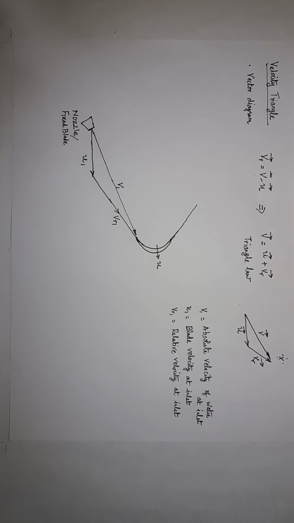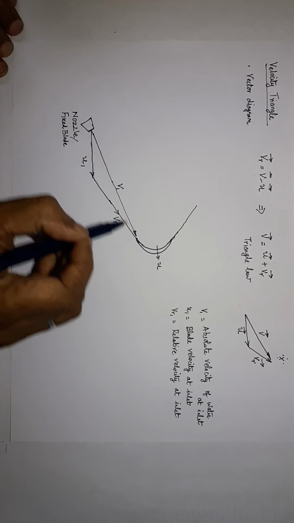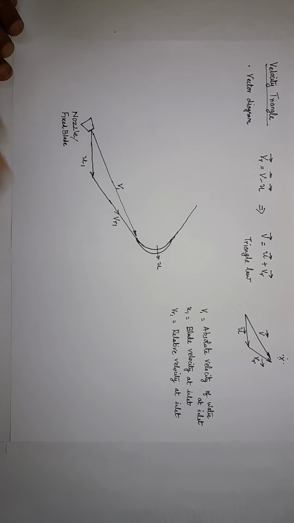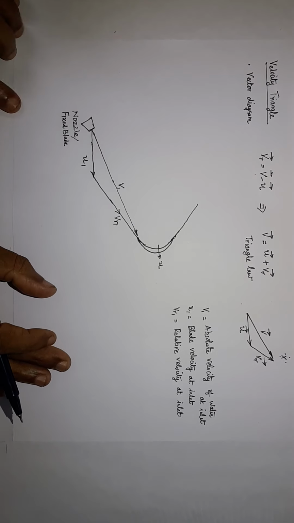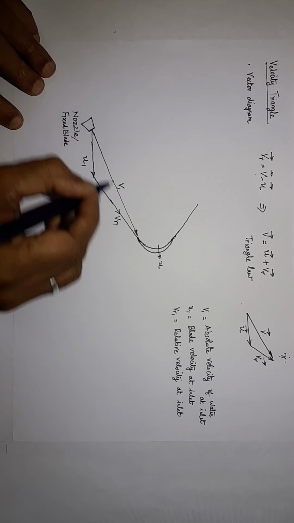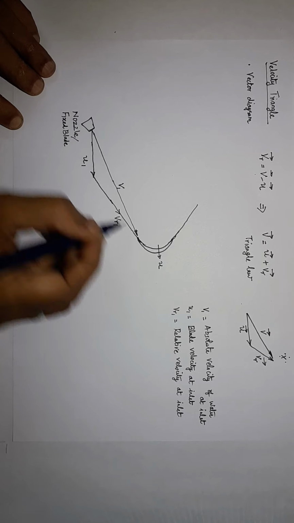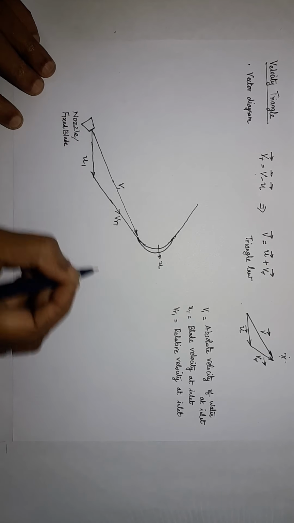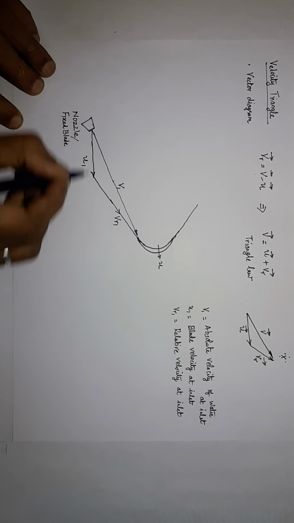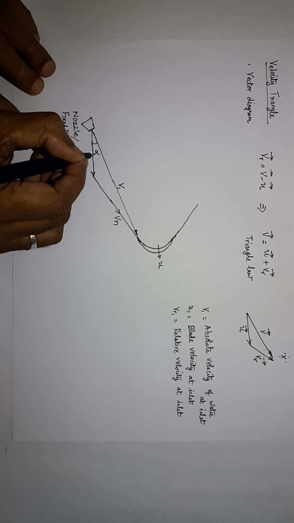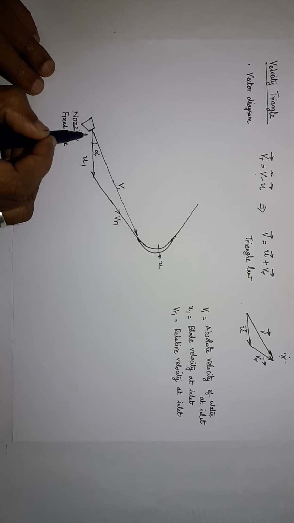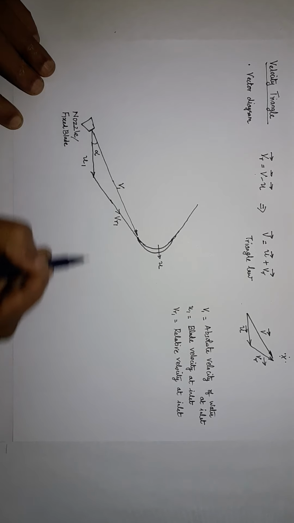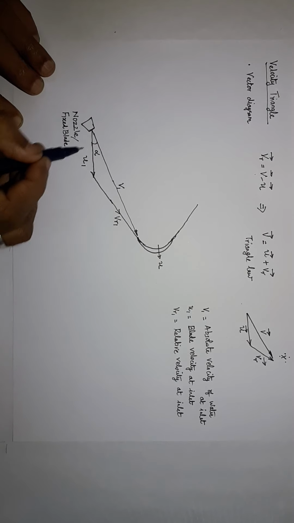Depending upon the position of the nozzle or the guide blade, the absolute velocity will have its direction. Then you have the direction of the blade velocity like this. Now the angle made by the absolute velocity with respect to the blade direction, the horizontal I have put here, is alpha. I repeat, the angle made by the absolute velocity with respect to the horizontal, or the blade direction, is alpha.